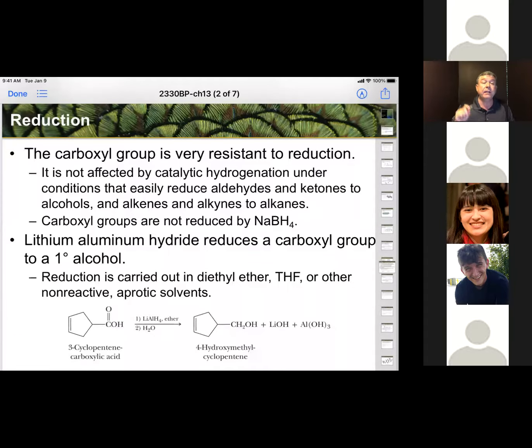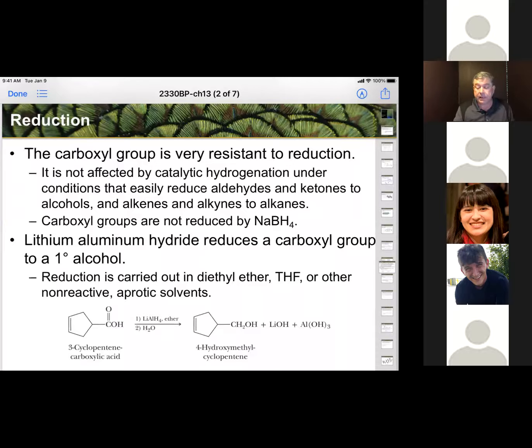Lithium aluminum hydride is strong enough to reduce down aldehydes and ketones to alcohols, but it's also strong enough to reduce down carboxylic acids. Okay, so write down lithium aluminum hydride is the only hydride reagent we have that's going to reduce down a carboxylic acid.